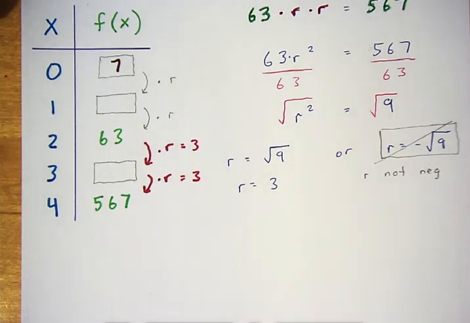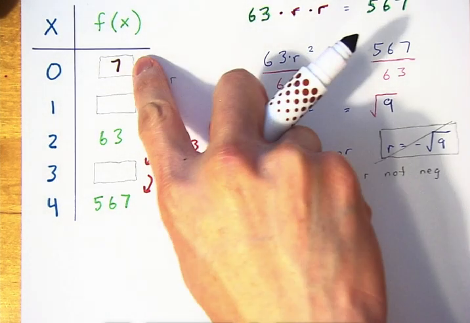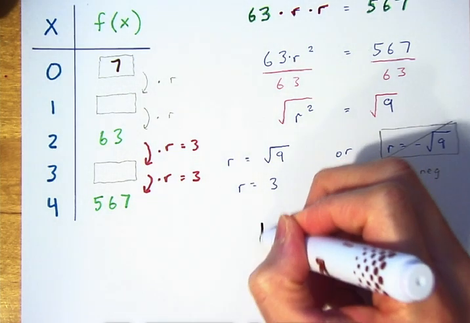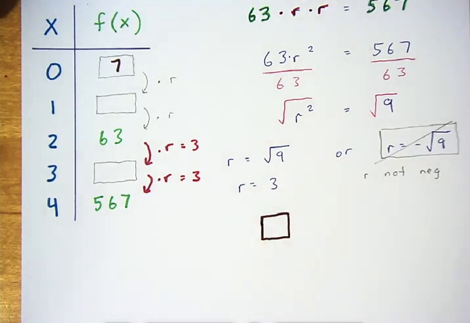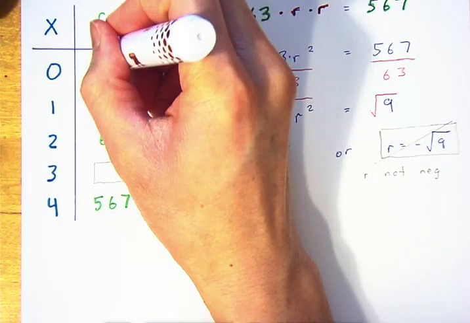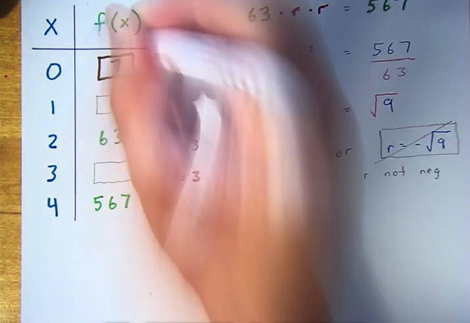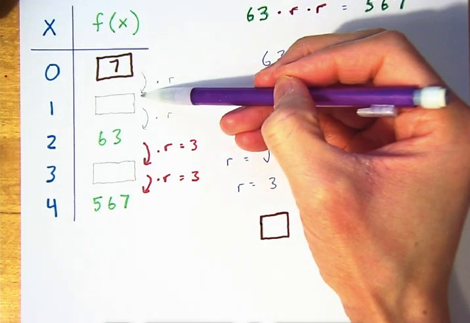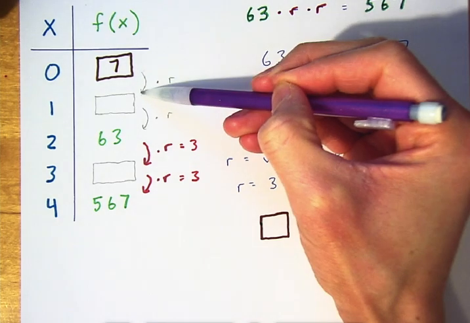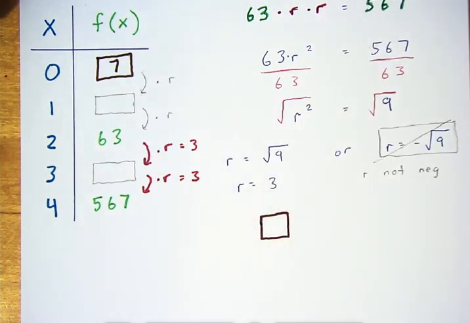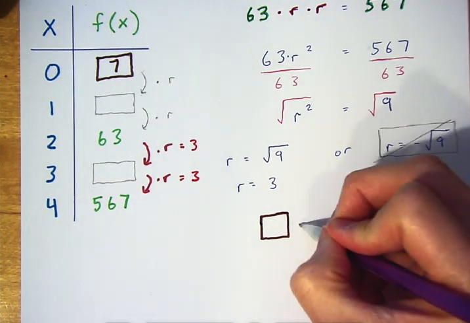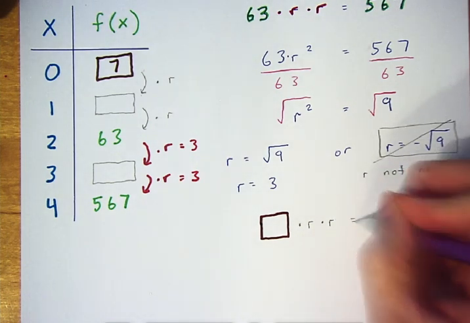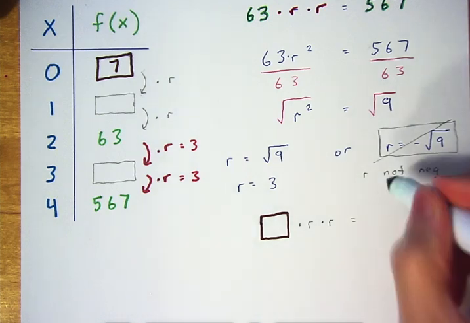We know that this box right here times r will equal 63. So that box, multiplied times r, will equal 63.